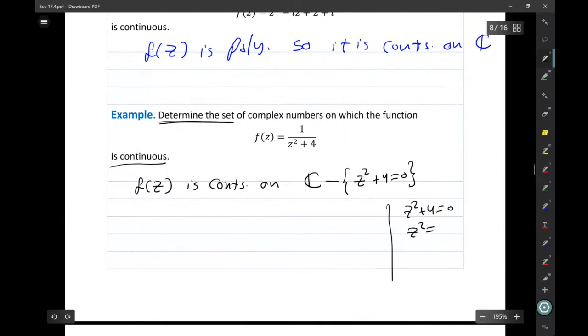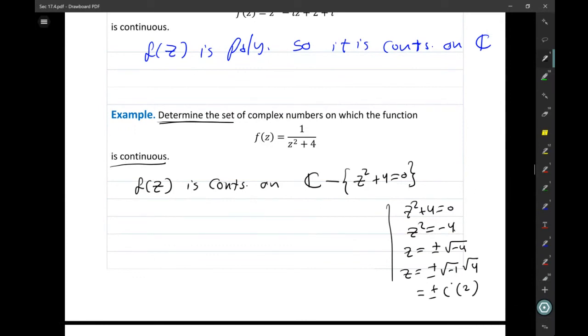0. That means z squared is equal to minus 4. z is equal to plus or minus the square root of minus 4, that is, z is equal to plus or minus the square root of minus 1 times the square root of 4, which is equal to plus or minus i times 2.